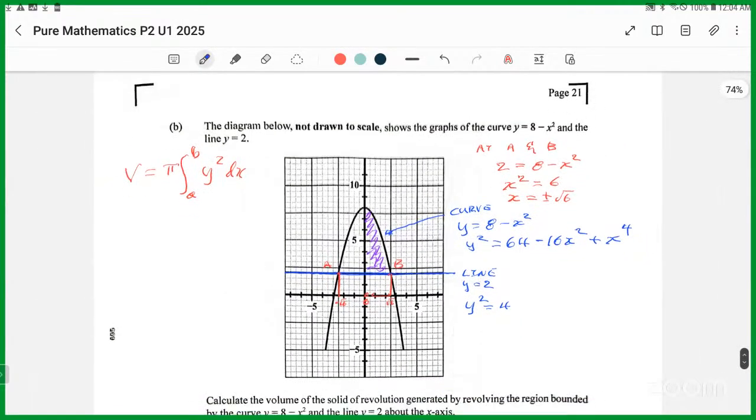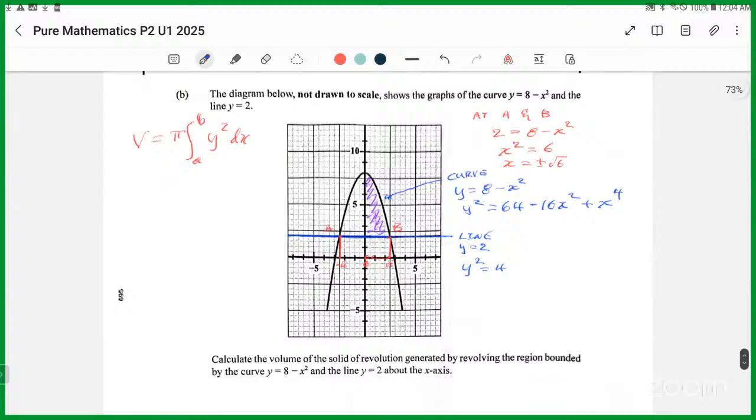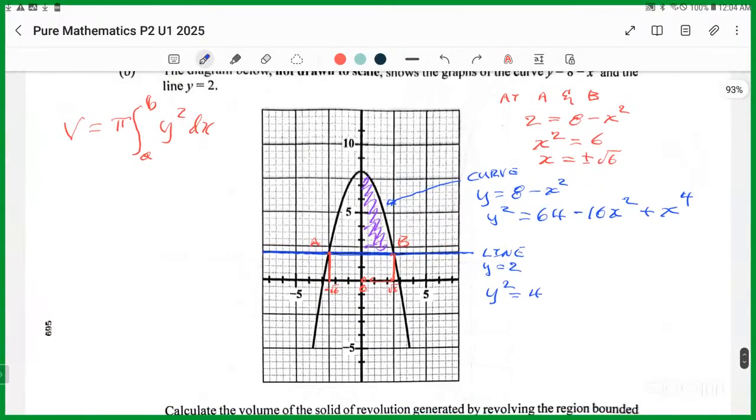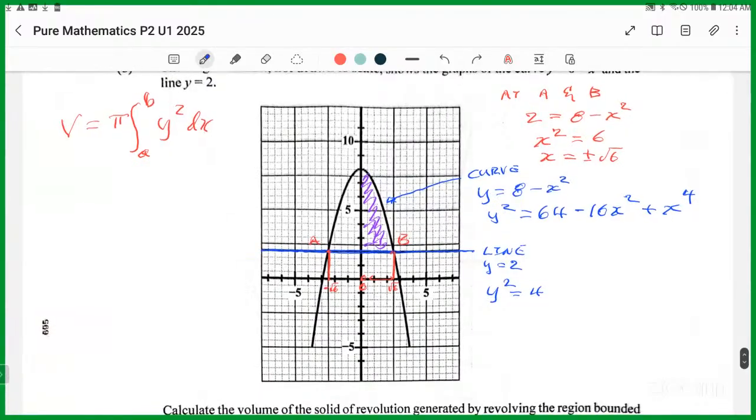So the volume generated is 2 times the volume generated by that section, which is the integral between 0 and root 6 of the curve minus the line.